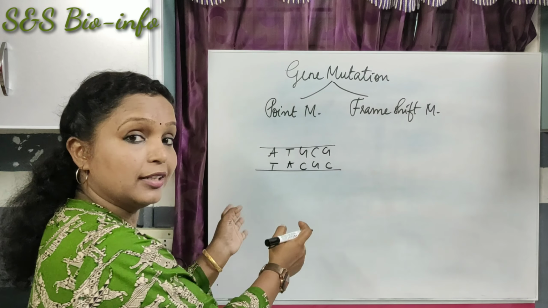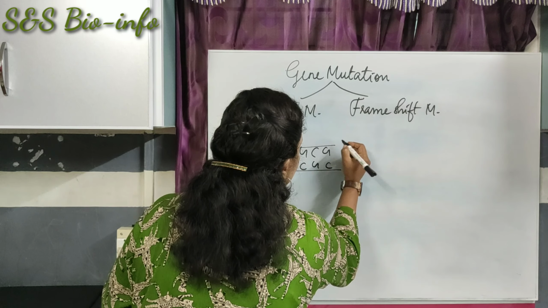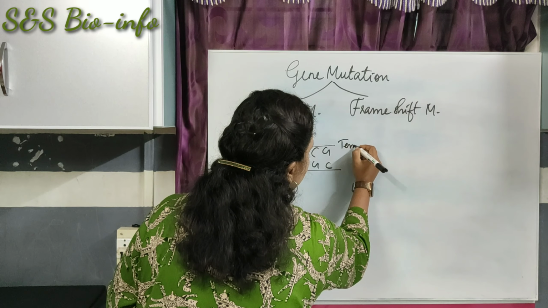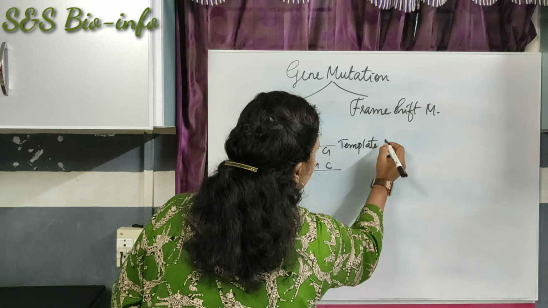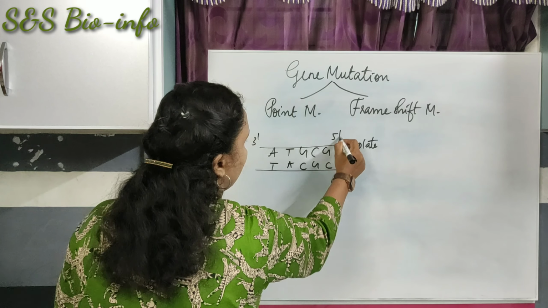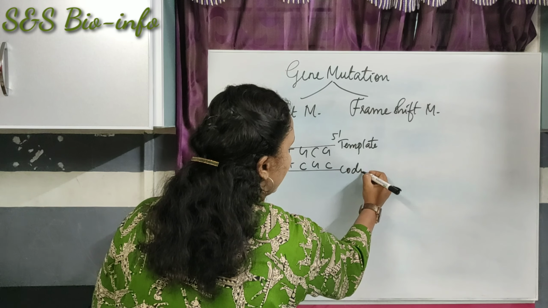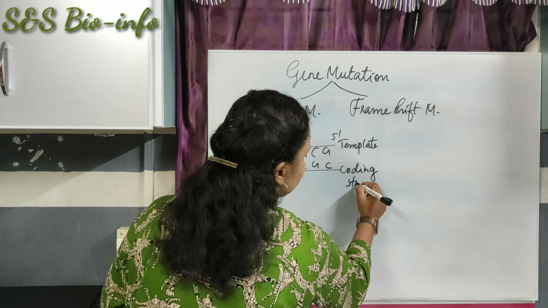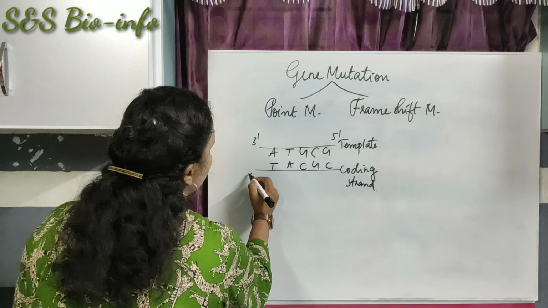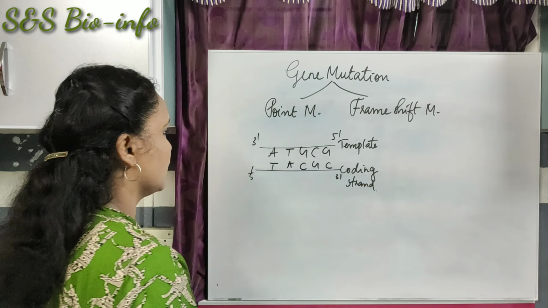This is the template strand with 3' to 5' polarity, and the other is the coding strand with 5' to 3' polarity.